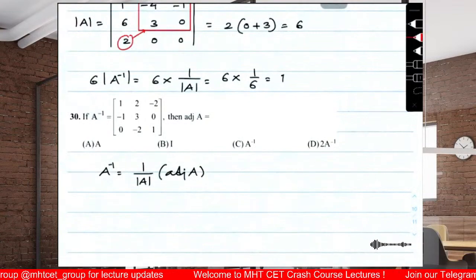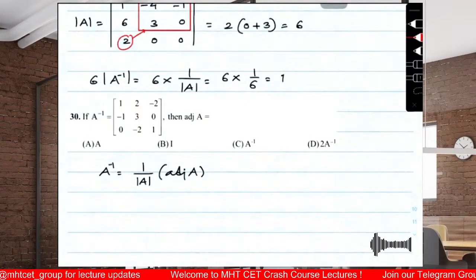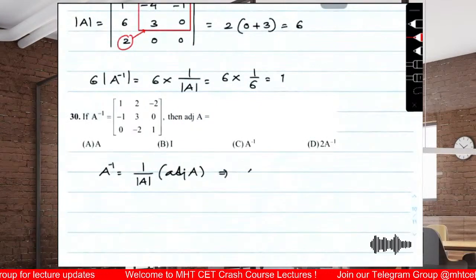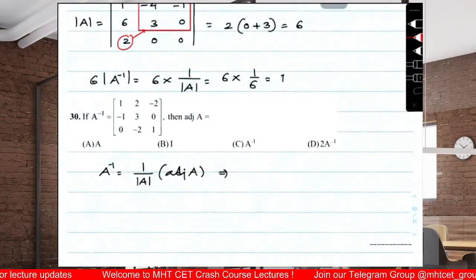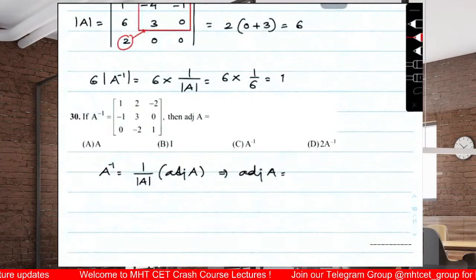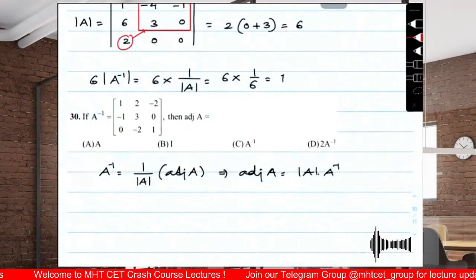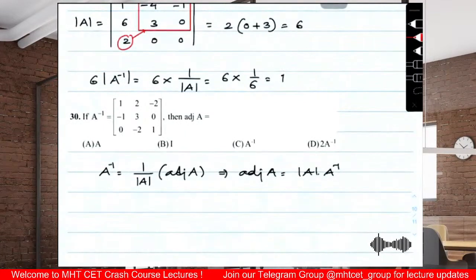Right? A inverse is 1 upon determinant of A into adjoint of A. We need adjoint of A. So I can say adjoint of A is determinant of A into A inverse. So find determinant of A and put that value here.